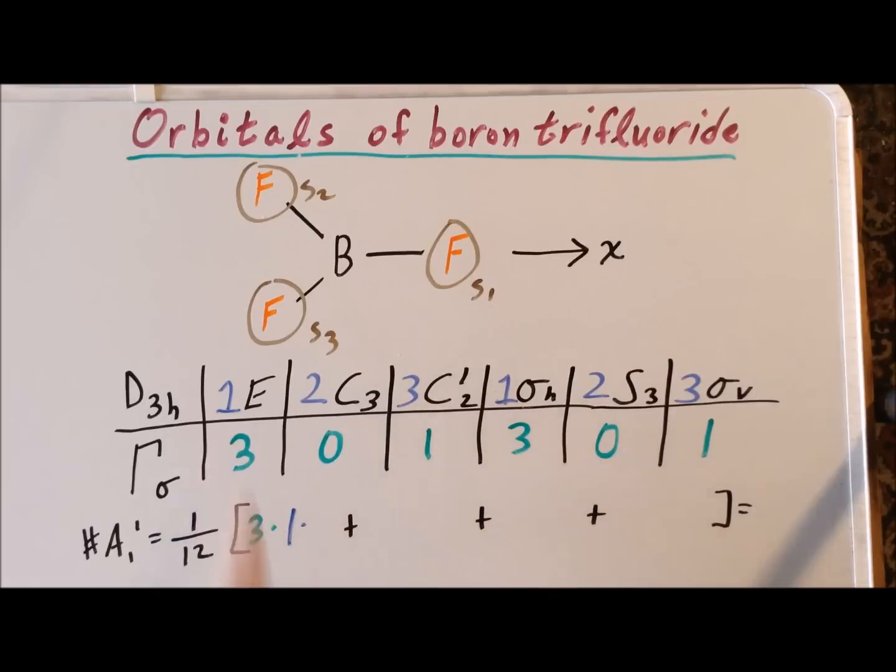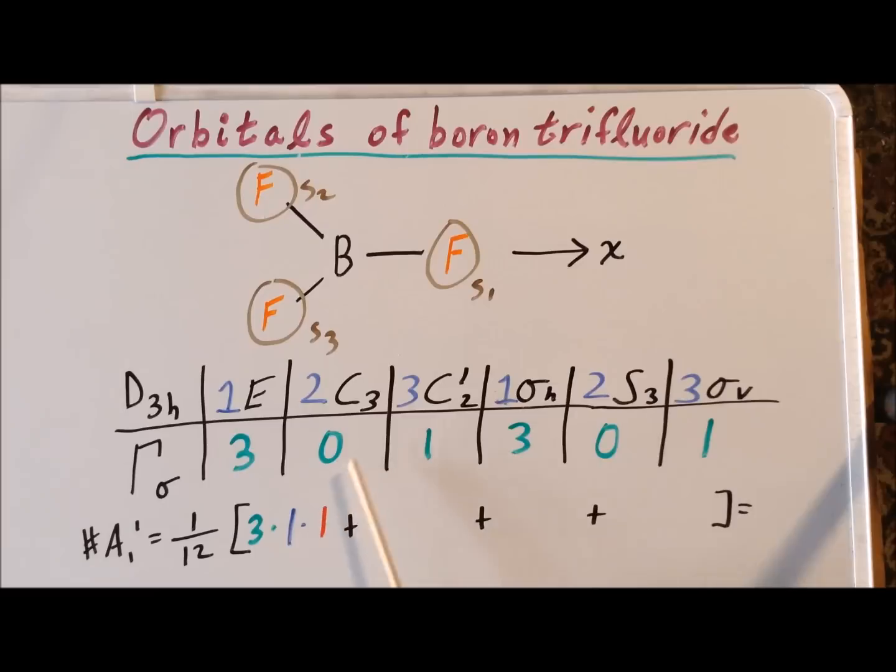If we look under E for A1 prime, which is the first irreducible representation listed in the table, we see that the character is a 1. So our first term is 3 times 1 times 1, and we see by the color where each of those terms has come from. Now, when we get to the second class, we see a way that we can save ourselves some work.